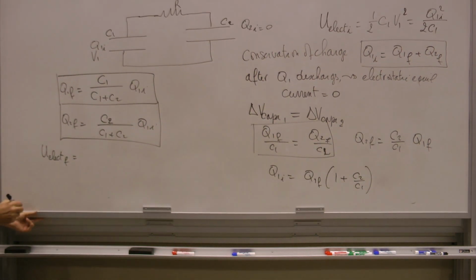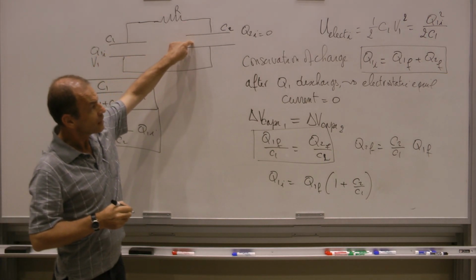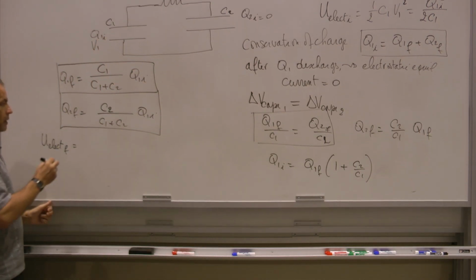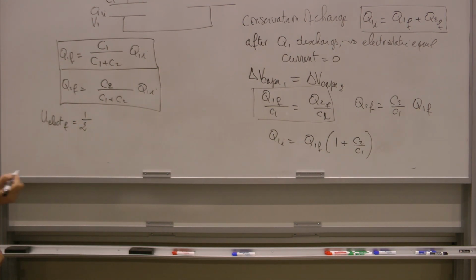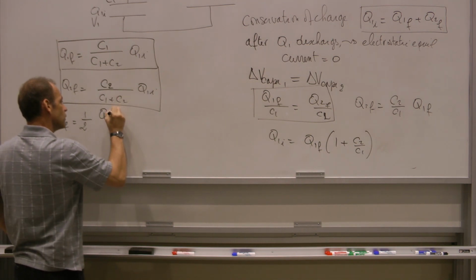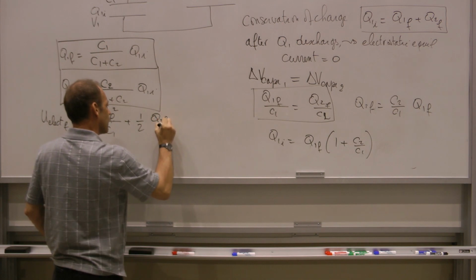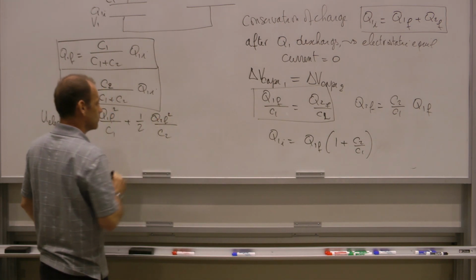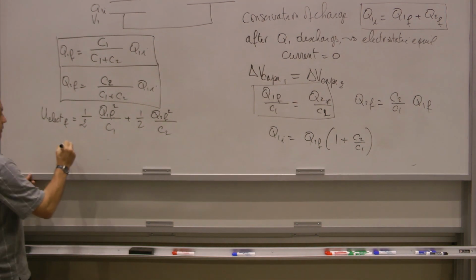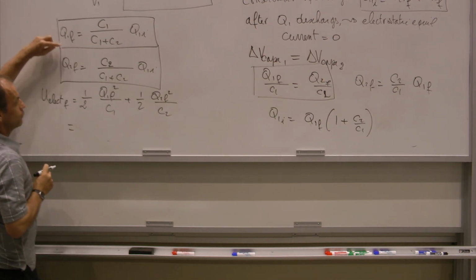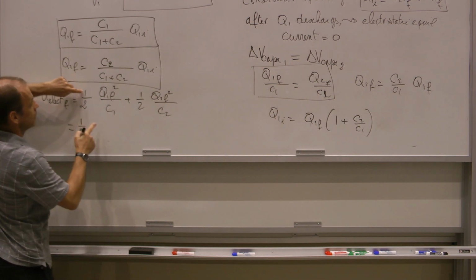It's going to be made of the electric energy held in capacitor 1 plus the electric energy held in capacitor 2. So this is going to be 1/2 of, using the Q squared formula, Q1 final squared divided by C1 plus 1/2 of Q2 final squared divided by C2. So what do we get? Well, 1/2 Q1 initial squared is going to be present in both of them.